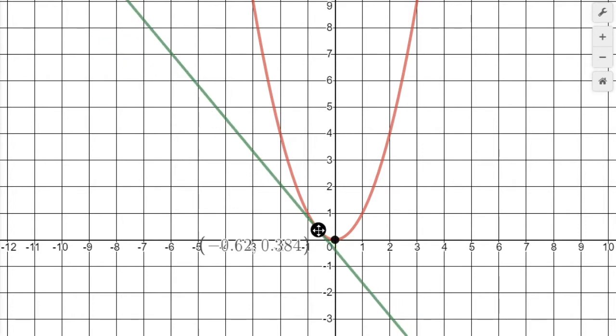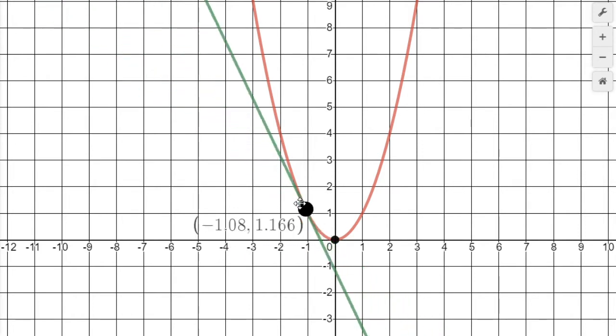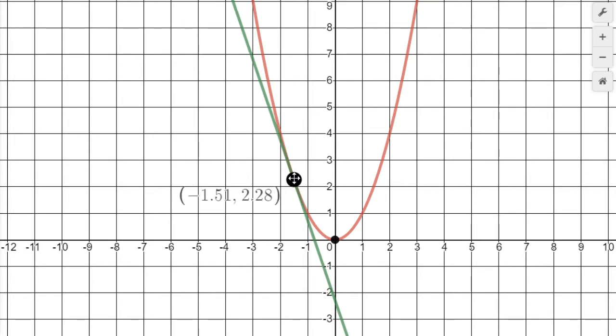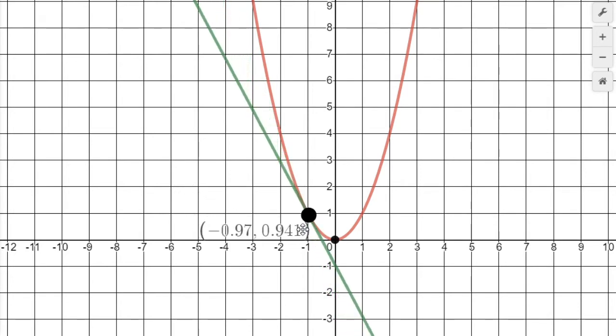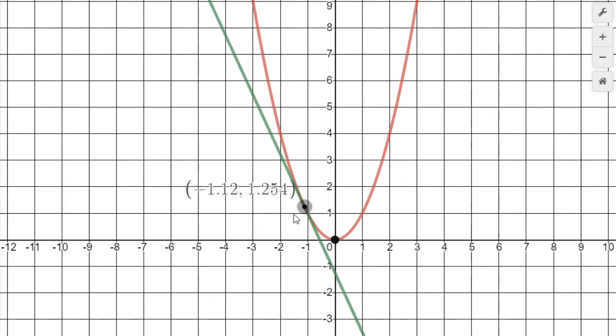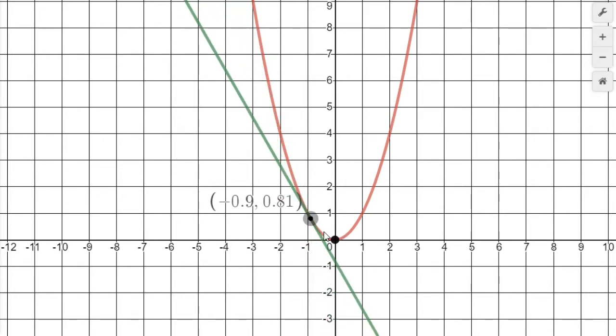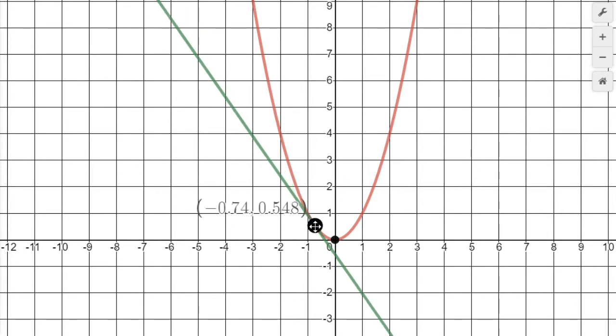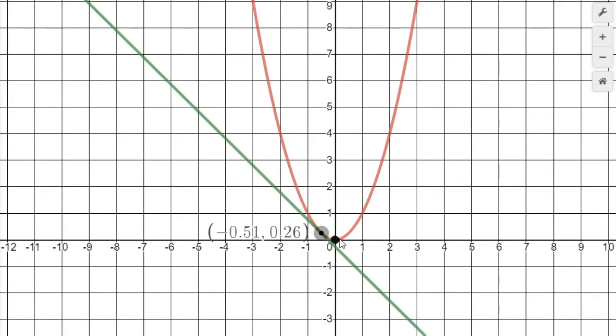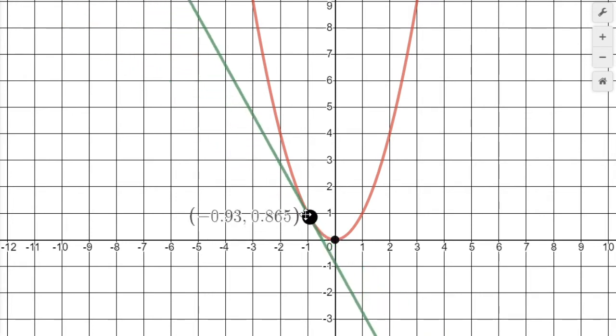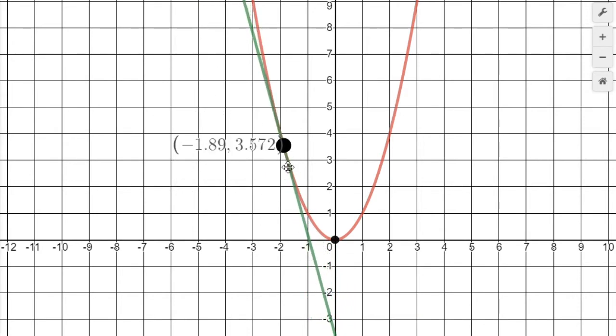But here's the thing: no matter where I drag my point, as long as I keep my point to the left-hand side of the y-axis, in other words, if I keep my x value less than 0, negative, to the left-hand side of x equals 0, which is right here, then you can notice that the slope of the tangent line is a negative slope.